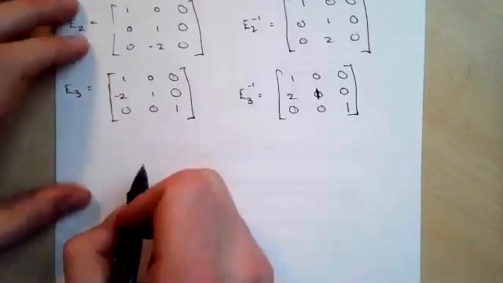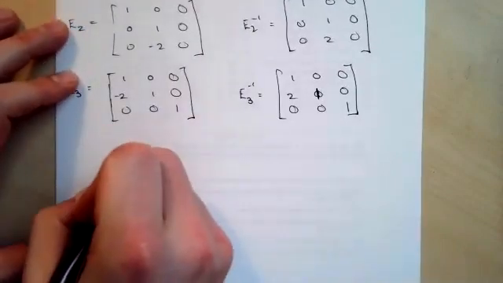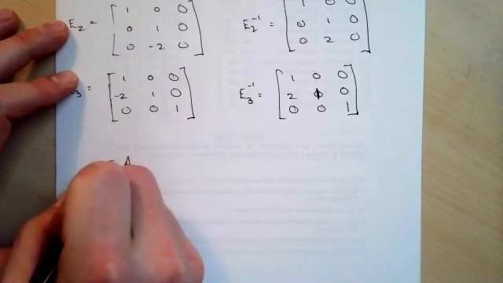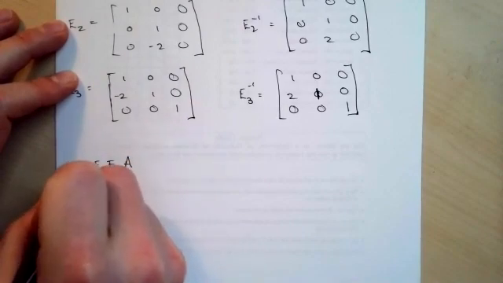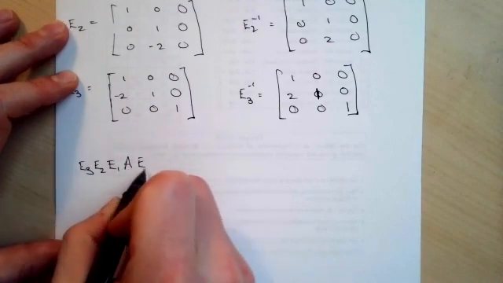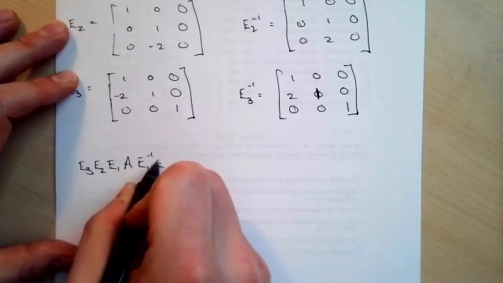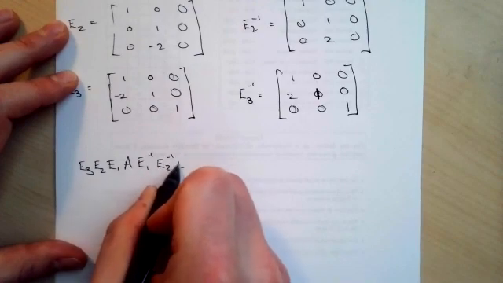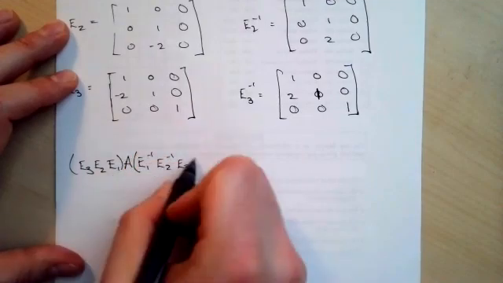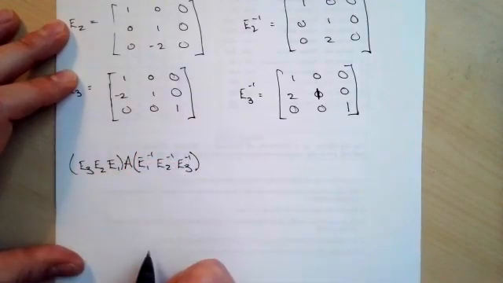And so how did we conjugate? We applied all of the E's on the left. So we did E1 first, then E2, then E3. And then we did E1 inverse, E2 inverse, and E3 inverse on the right. So this was our conjugation.